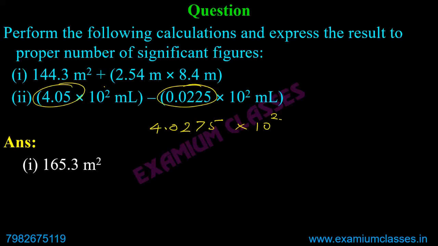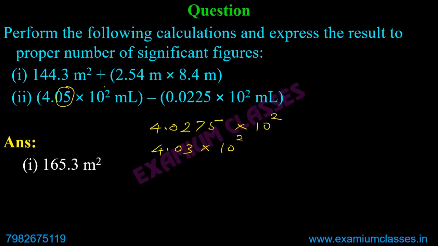But because it is subtraction, the answer will have the minimum number of decimal places. The minimum number of decimal places is here. So it means it will be 4.03 into 10 to the power 2. Now there is another way.